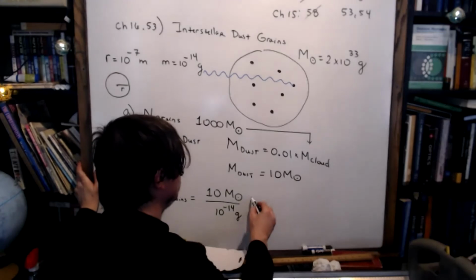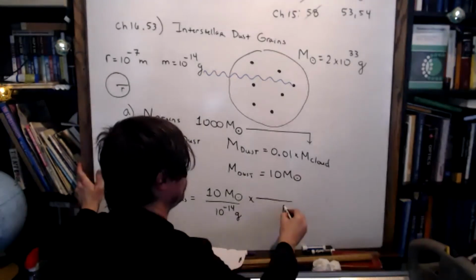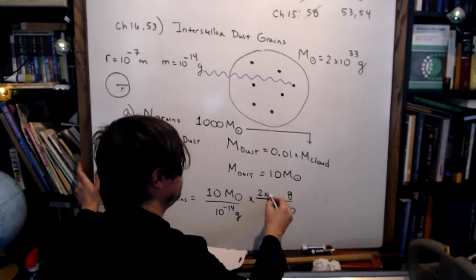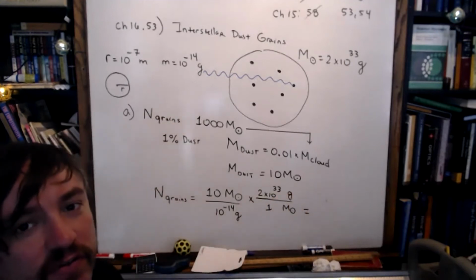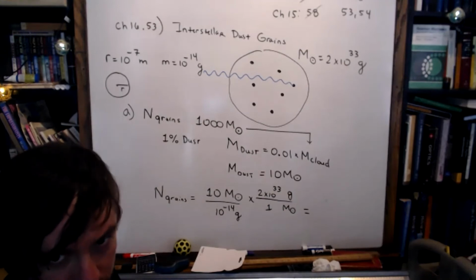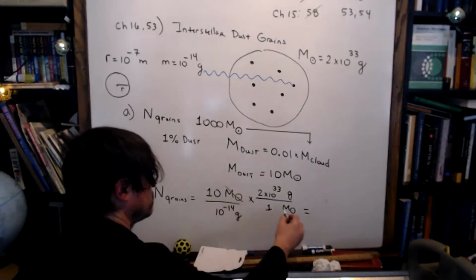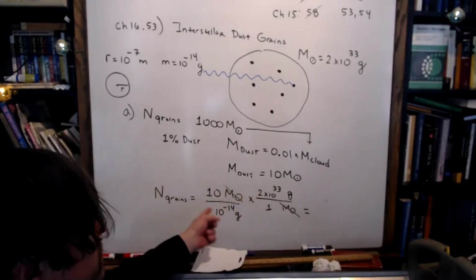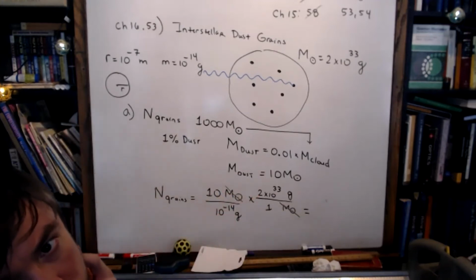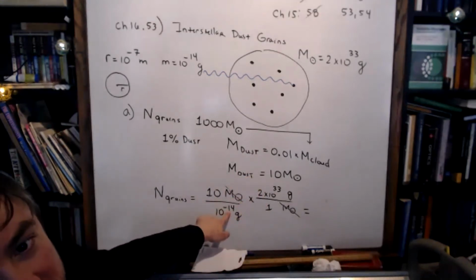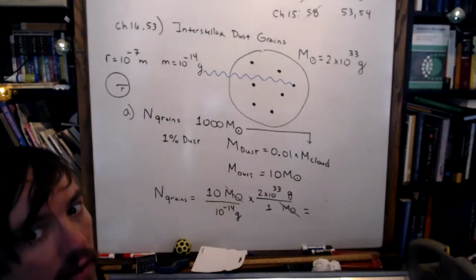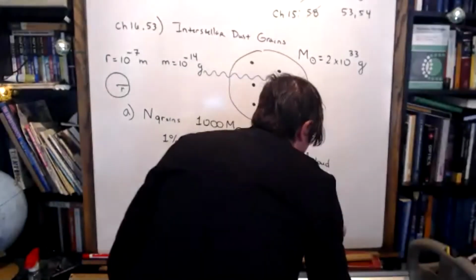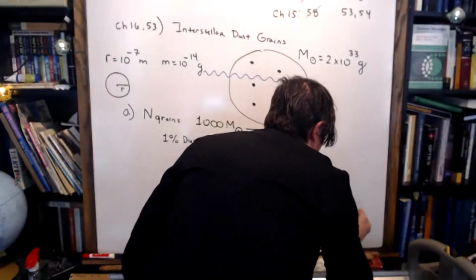But then, Christopher, we should convert this from solar masses to grams. Christopher, why don't you see if you can do this in your head? That would be 2 times 10 to the 34, yeah? And now you have to add 14, right? All right. 48. That's right. That's 2 times 10 to the 48 grains. We didn't even need a calculator.